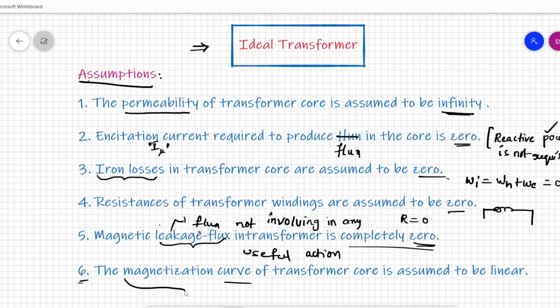This is one important phenomenon. What is a magnetization curve?